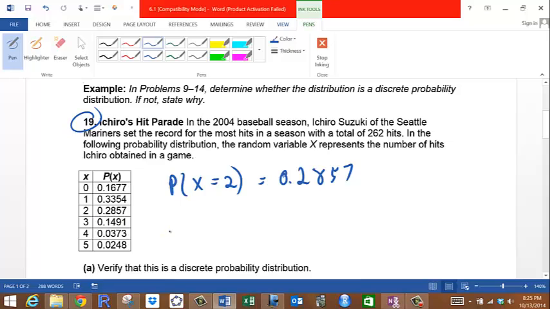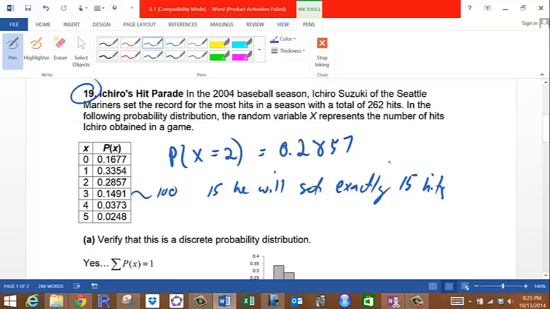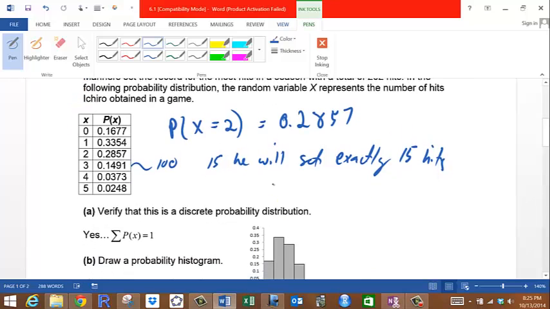And what that means is, out of 100 games that he plays, roughly 15 of them he will get exactly 3 hits. Okay? All right, now part A says verify it's a probability distribution.